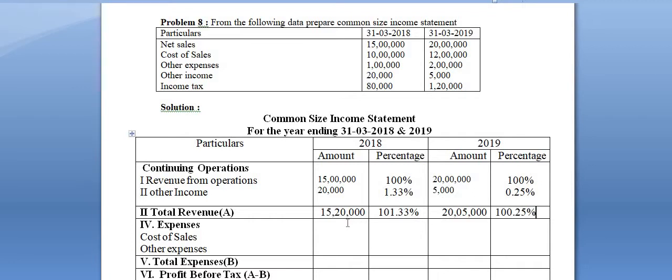Now we need to find out the profit, but before that, we first need to know the expenses. Now find out the percentage of expenses. First one is cost of sales. Check whether the firm has cost of sales. Yes. Cost of sales is how much? 10 lakh.